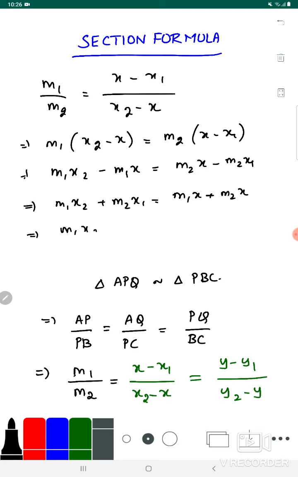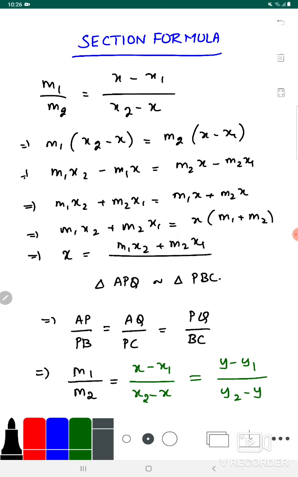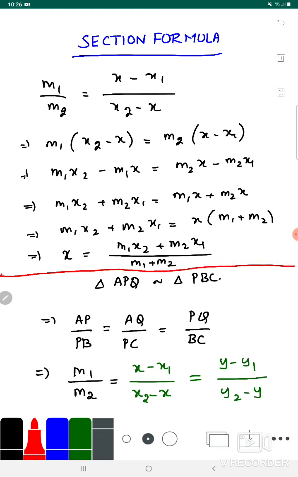So I will take x common over here, so this would give me x into m1 plus m2. So that implies my x value will be m1 x2 plus m2 x1 by m1 plus m2. This is the value of my x coordinate of P, right? Now you can pause the video and note it down.